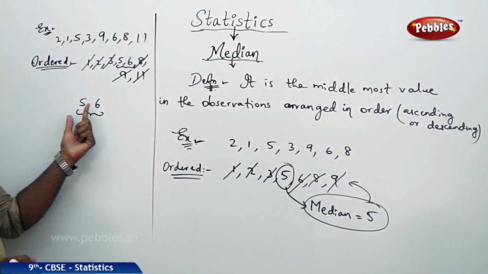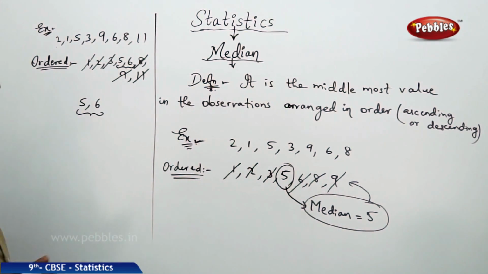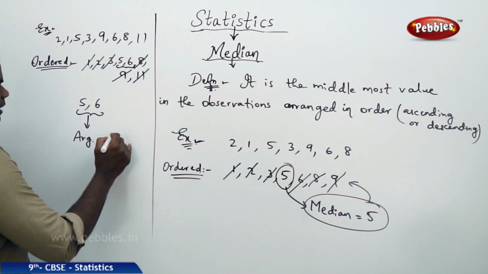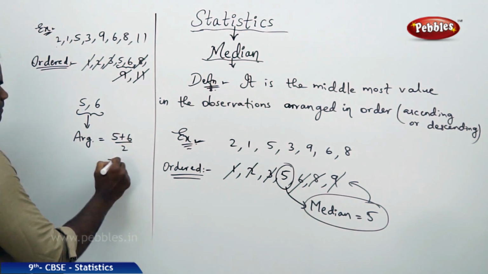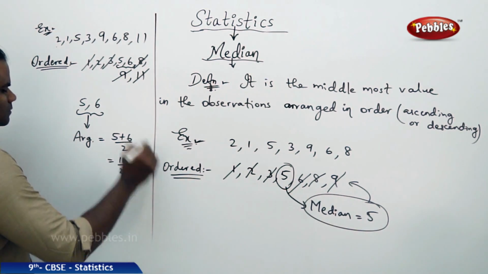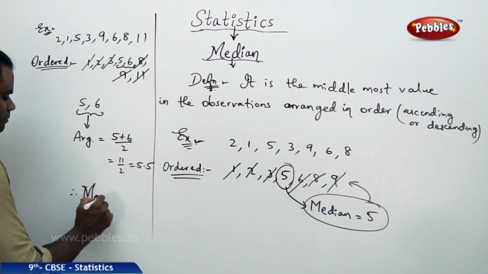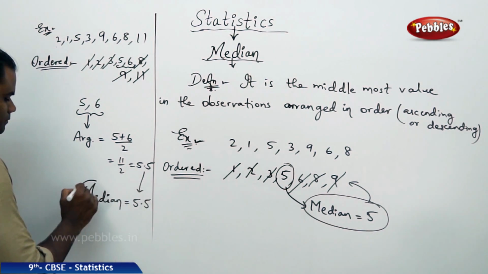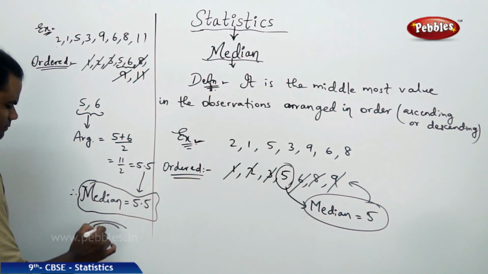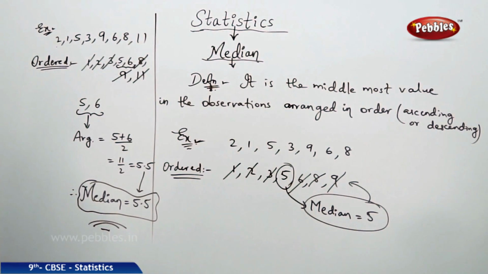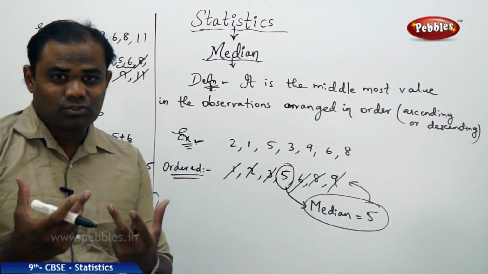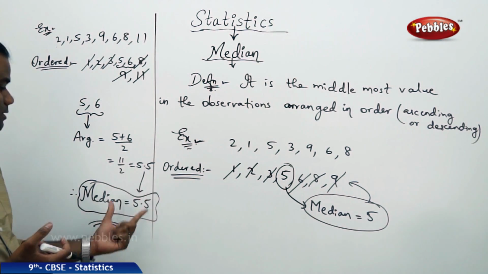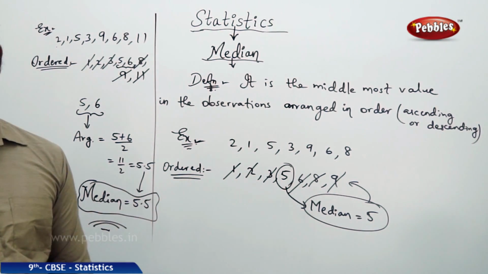So generally when you have such a case arising, then we take the average of 5 and 6, which is 11 by 2, and therefore the median is 5.5. If we have 2 observations tied up, then we take the average, and that average is deciding the median value.